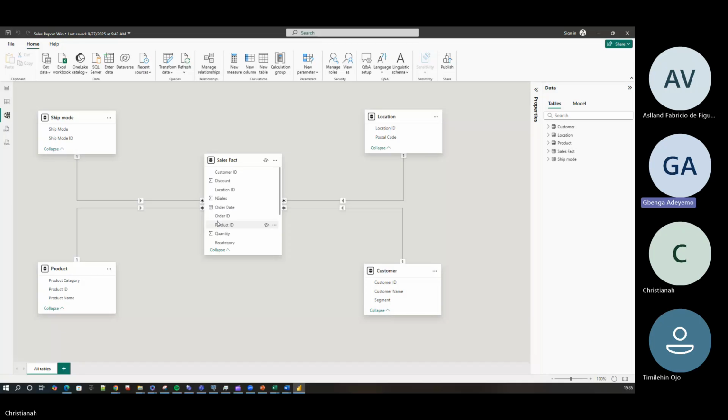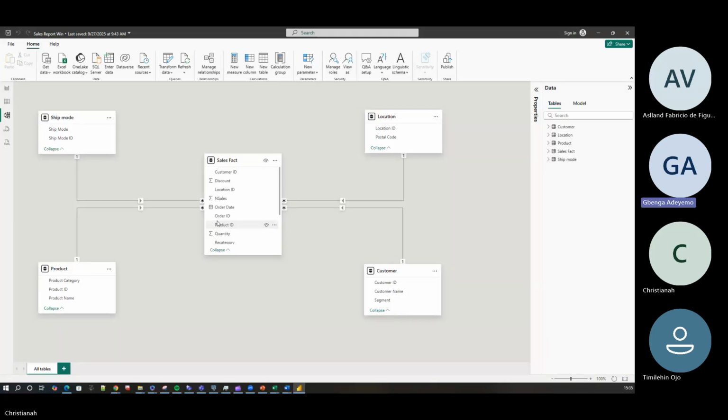In a snowflake schema, you will see that you have a hierarchy of the dimensions. Let me give you an example. You can find yourself in a situation whereby the location table will be linked to the customer table and not to the sales facts.